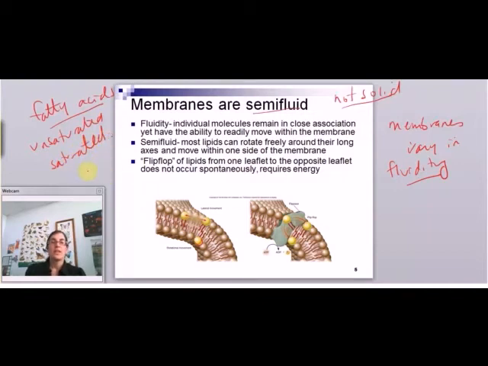Okay, we can have fats that are liquid, like oils. We can have fats that are solid, like animal fat. If you think about animal fat, it melts. So temperature affects fluidity of fats.